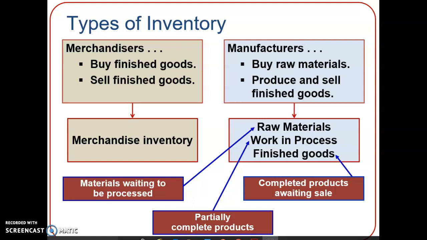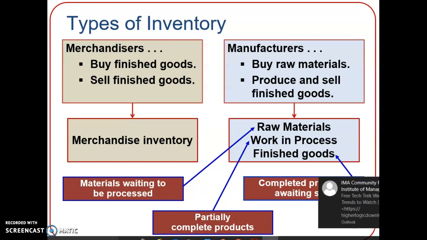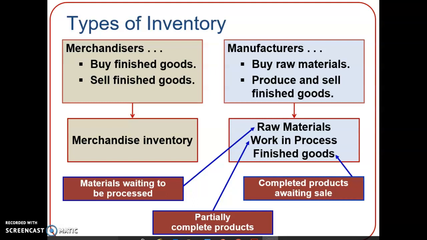So their inventory is more complicated: they have raw materials and finished goods, but also work in process, or WIP, in between the raw materials and the finished cars. There are many steps and many different parts. Those could be partially completed products or parts for the cars, and they are included in the category of WIP, or work in process.